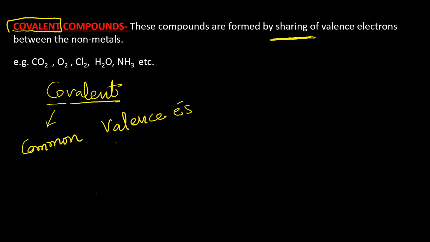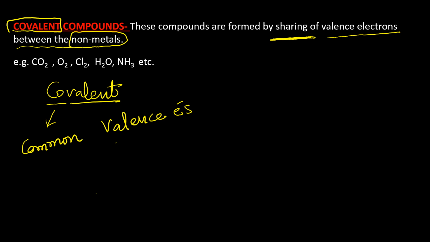That's why these compounds are formed by sharing of valence electrons between the non-metals. Very important: covalent compounds are formed by the bonding of non-metals only. Metals don't make covalent compounds. All right, keep that in mind.